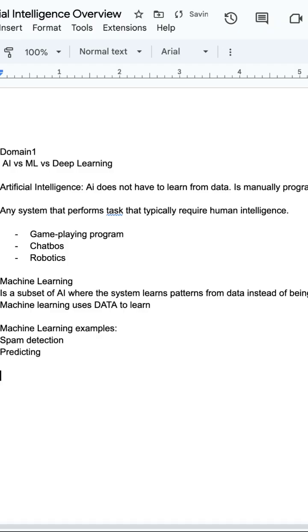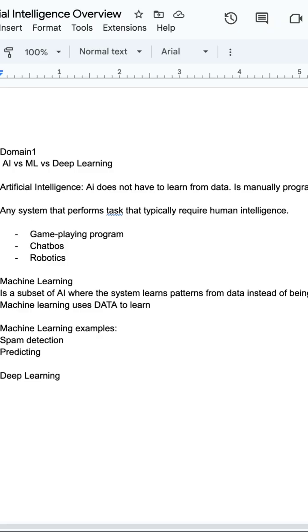Let's go a little bit deeper. This is deep learning. If machine learning is under the umbrella of artificial intelligence, deep learning is a subset of machine learning. This is more about recognition. For example, when you open your cell phone with your face, that is an example of deep learning.